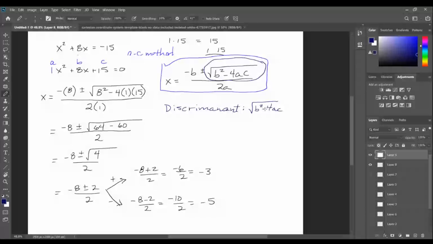I'm sorry, it's not the square root part. It's just the b squared minus 4ac part. Let me get rid of that radical. Okay. So that b squared minus 4ac part, if b squared minus 4ac is less than 0, so we've got a negative inside there, now we're going to end up with two imaginary solutions.